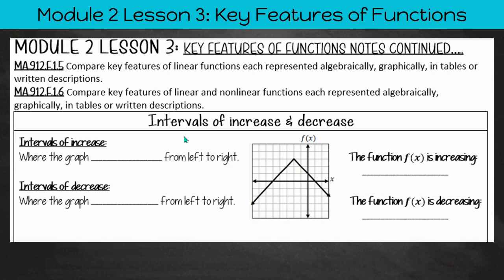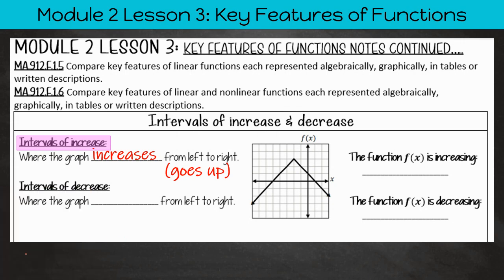And it's pretty much as simple as it sounds. Because when I asked you what increasing was, you told me that when you increase, you go up. So when the graph increases from left to right, it is going up from left to right. Okay, so I always like to imagine there's a little stick figure guy standing on this hill.